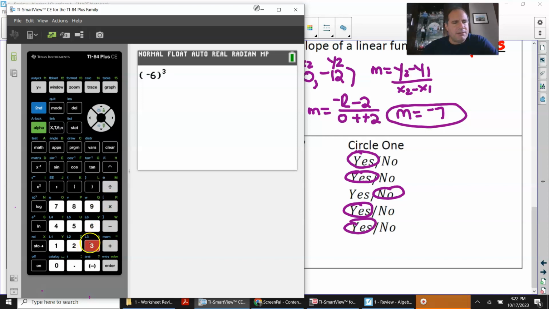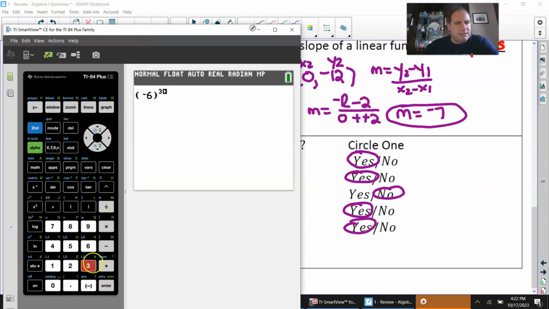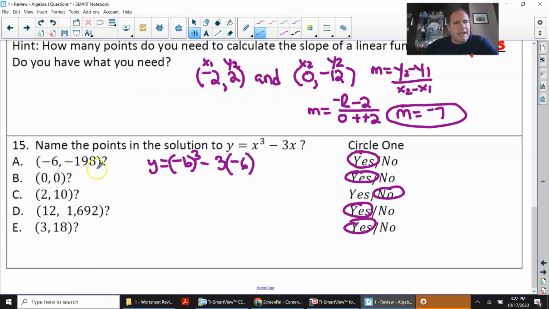This is the caret button to the third power, and then minus 3 times -6. So I have to press to the right, minus 3 times -6, and close the parenthesis, and then enter, and it's -198. Notice that that point is on the line. If you substitute in x equals 0, 0 to the third power is 0, minus 3 times 0 is 0, that's on the line. So that's how you could do that using substitution.